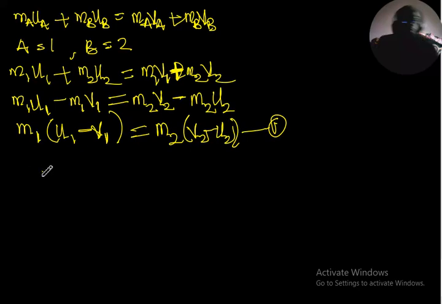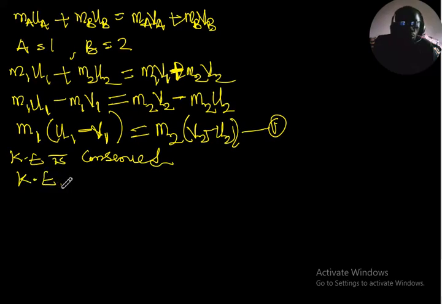Now from the question above, we're told that the collision between them is elastic. So if the collision is elastic, kinetic energy is conserved. So we have that kinetic energy before collision, call that KE1, must be equal to the kinetic energy after collision, which is KE2.